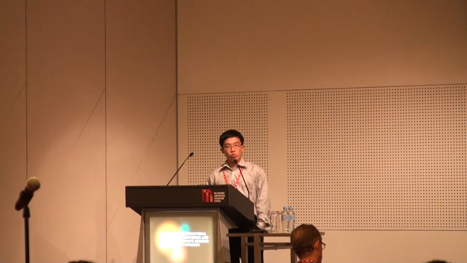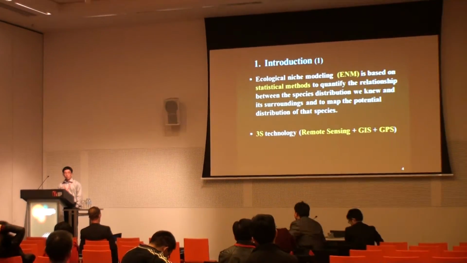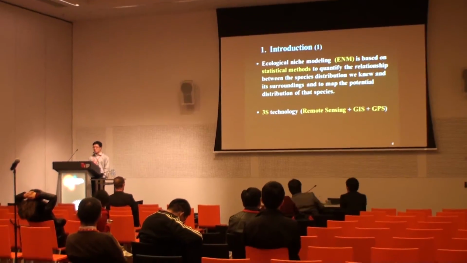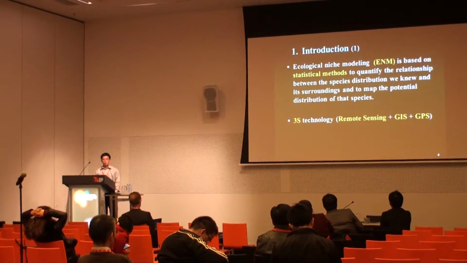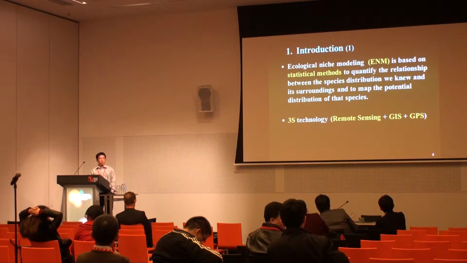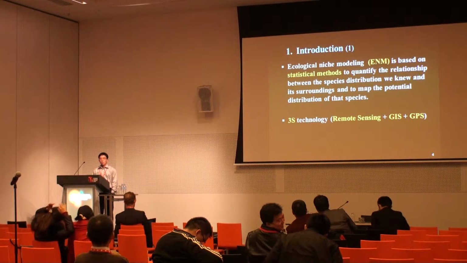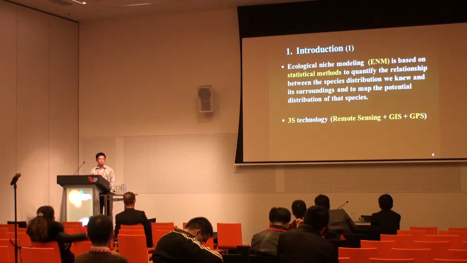Okay, today I'm going to present from introduction to conclusion. Ecological niche modeling, we call it ENM, is based on statistical methods to quantify the relationship between the species, its distribution, and its surroundings. And we can map the potential distribution of that species.